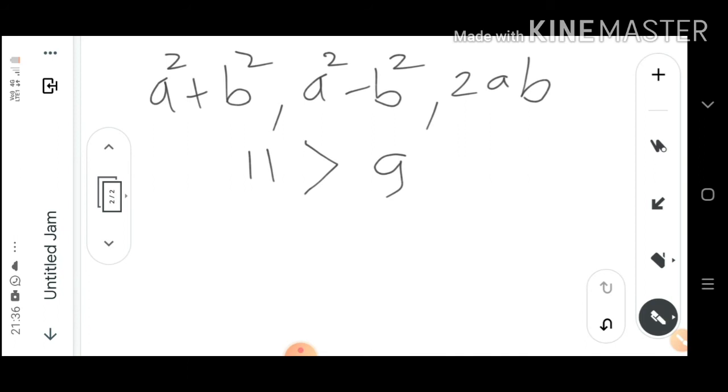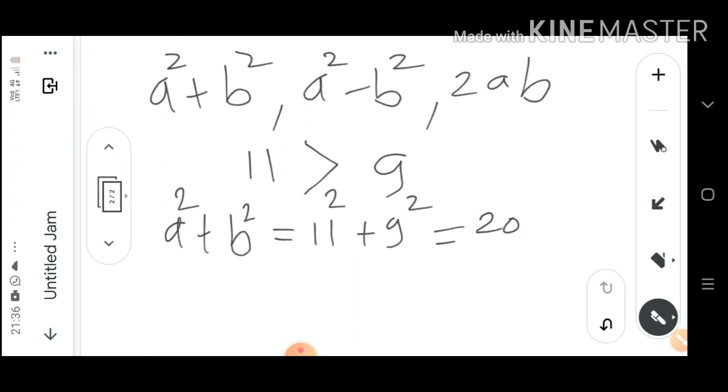So what are the 3 terms we will get? A square plus B square is equal to 11 square plus 9 square, that is equal to 202. A square minus B square means 11 square minus 9 square, that is equal to 40.